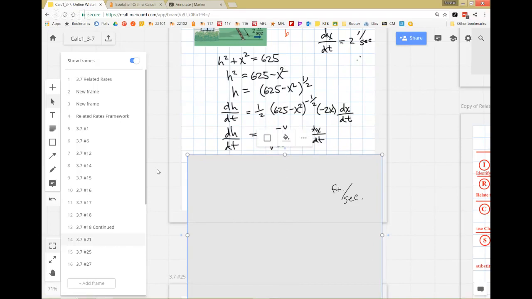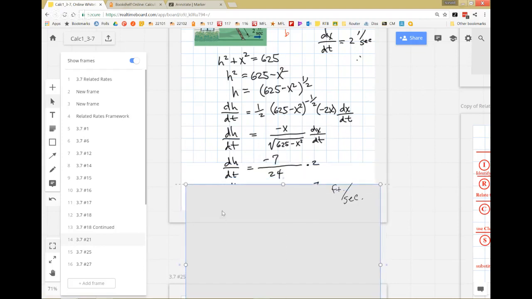Then I just wrote it. All right, what is (625 minus x squared) to the negative 1/2? Well, that's a square root on the bottom. So I did that. The 1/2 and the negative 2 cancel. You have a negative and you have that x left, and then times dx/dt.